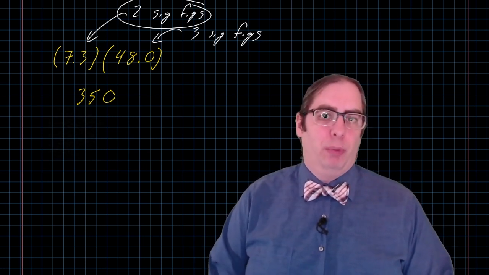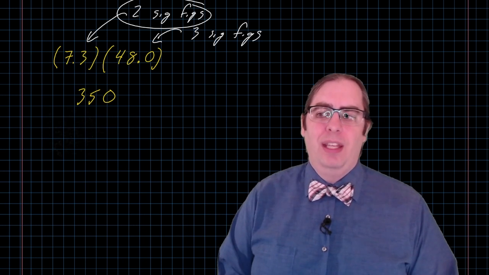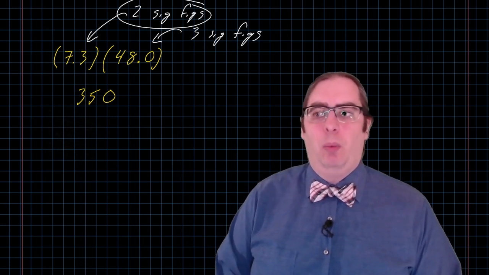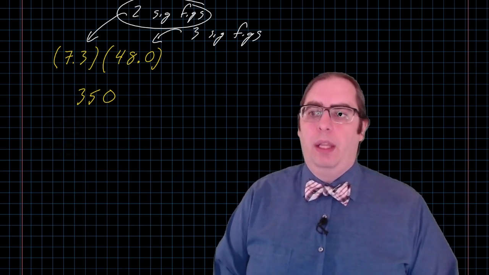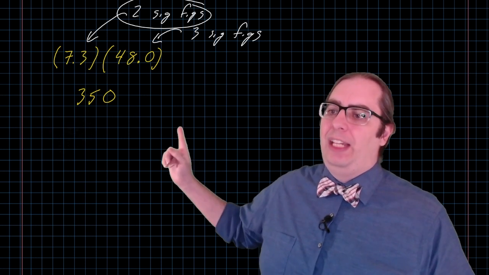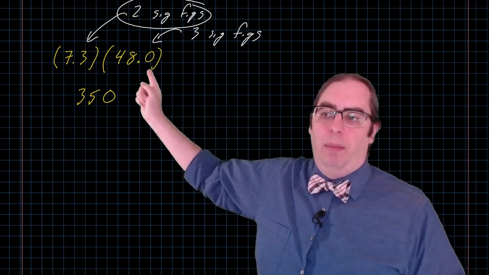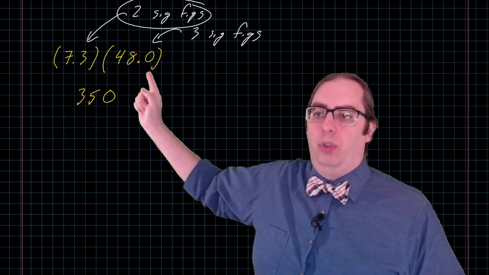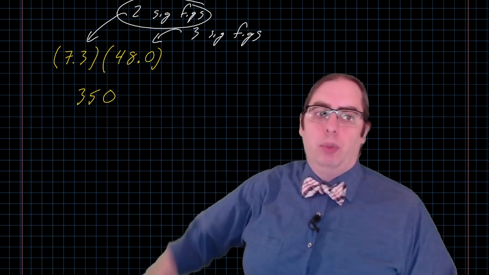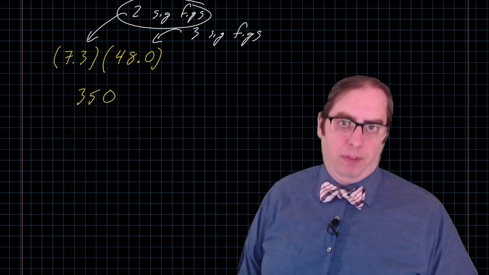Comparing the precisions between them doesn't really make sense. And that's another key reason that we don't use the precision rule. That's why we stick with accuracy. That's why we care about the number of significant figures. The worst case among the two numbers we multiplied together was two significant figures. So we took a result and we wrote it with two significant figures.